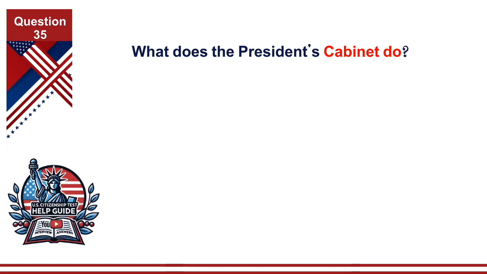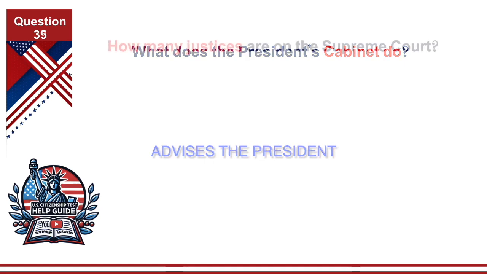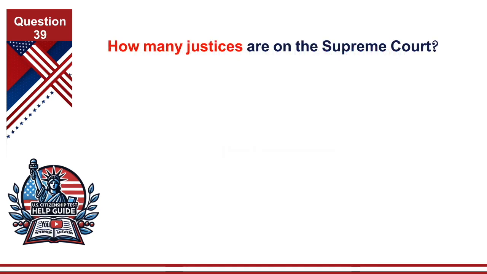What does the President's Cabinet do? Advises the President. How many justices are on the Supreme Court? 9.